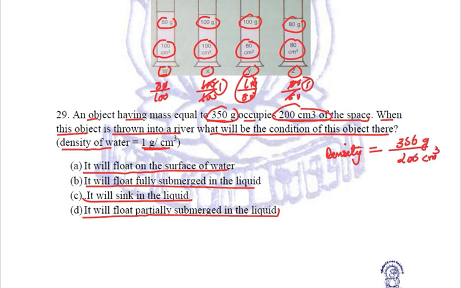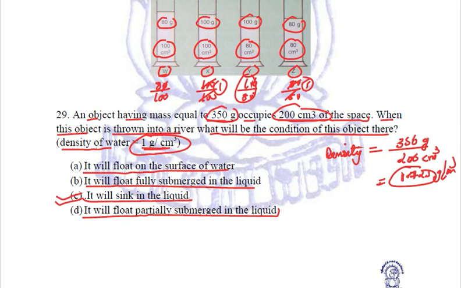So we can relate that it comes out to be 1.725 gram per centimeter cube. Now since the density of this object is 1.725, which is more than the density of water, therefore, this will sink in water. So we are going to mark C as the right answer.